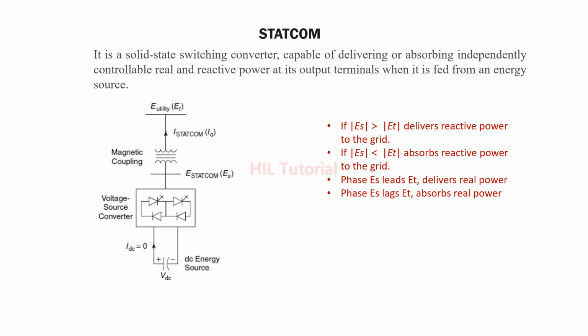So these are the four fundamental conditions you should have in your controller if you want to operate a voltage source converter as a STATCOM. This is the basic fundamental we should know while we are simulating a STATCOM compensator.